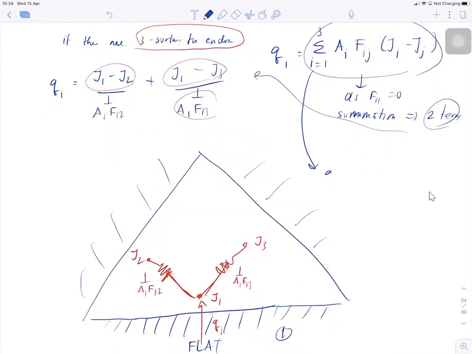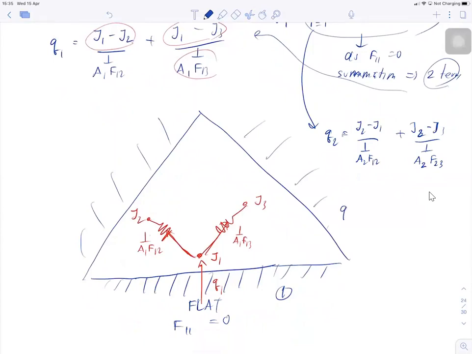You're going to have Q2 equal to J2 minus J1 over 1 over A2 F12 plus J2 minus J3 over 1 over A2 F23, right?